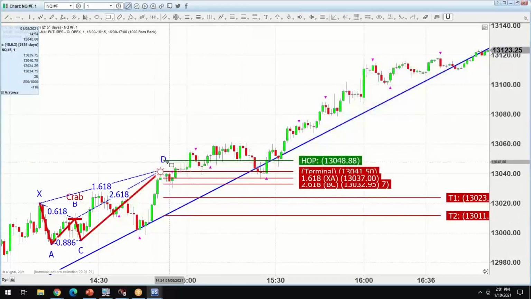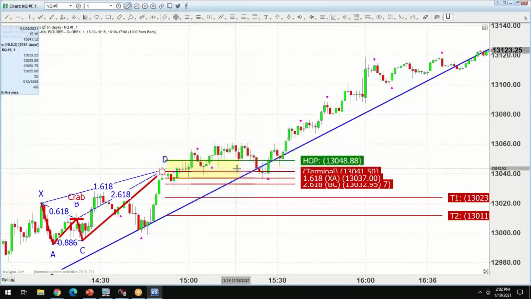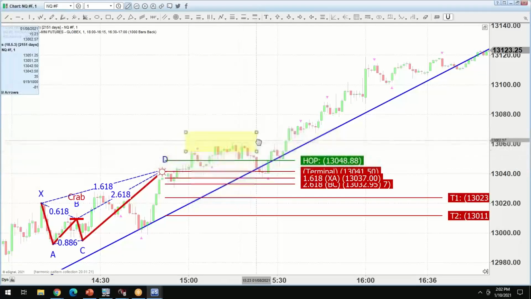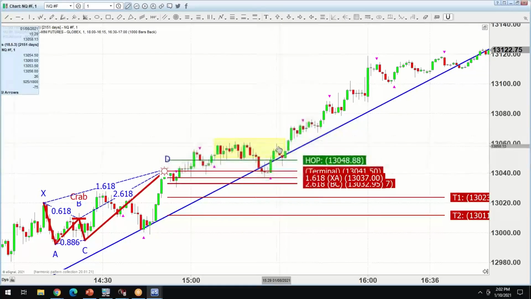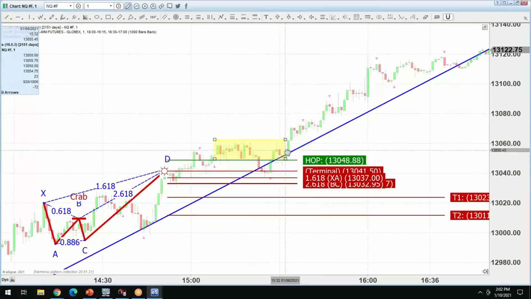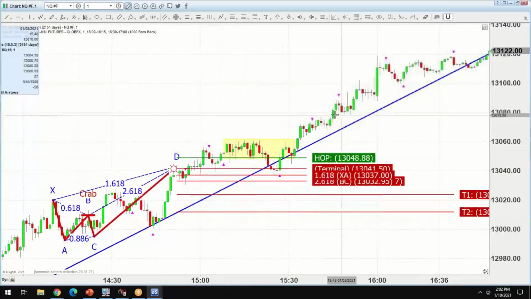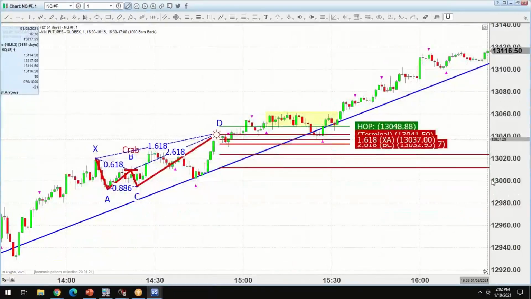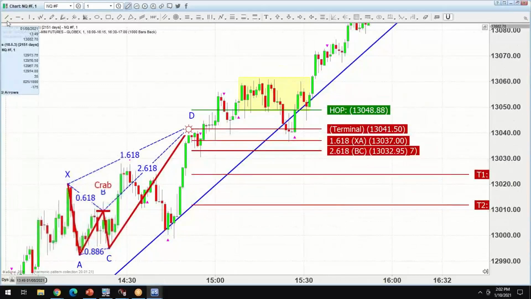Here's the distance between the 1618 and the hop level, and then project that up off the hop like that, and that establishes your top end range of essentially where this whole pattern can be considered flawed or, well, failed. It is flawed right here. And this is a good one because take a look.